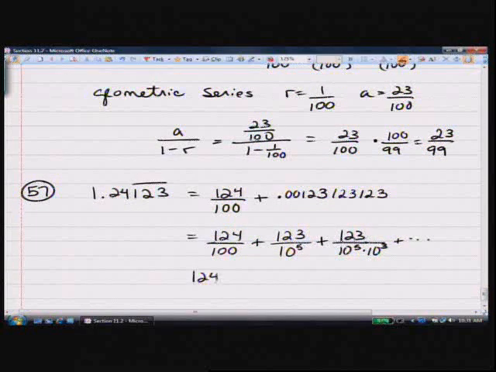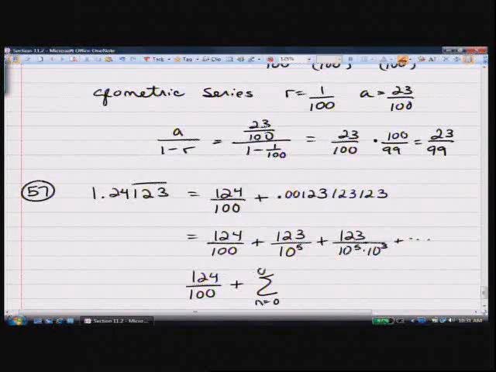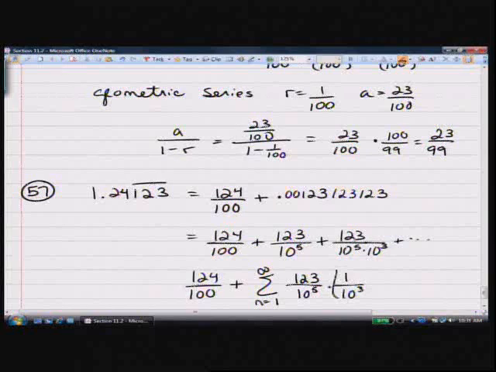So this is 124 over 100 plus the sum as n goes from 1 to infinity of 123 over 10 to the 5th times 1 over 10 to the 3rd, to the n minus 1 power.